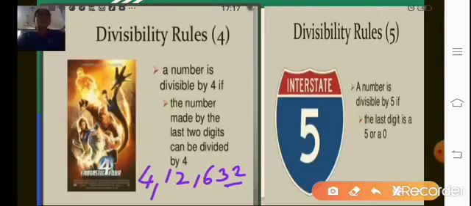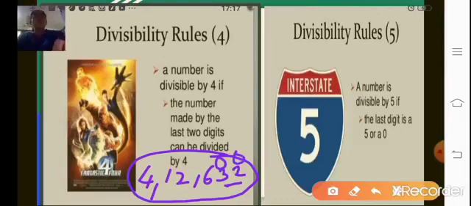Now see the last two digits, 32, is easily divisible by 4. If the last two digits are divisible by 4, you can say that the whole number is also divisible by 4. Again, in place of 32, if you have 20, even then you can say that the number is divisible by 4. Correct?